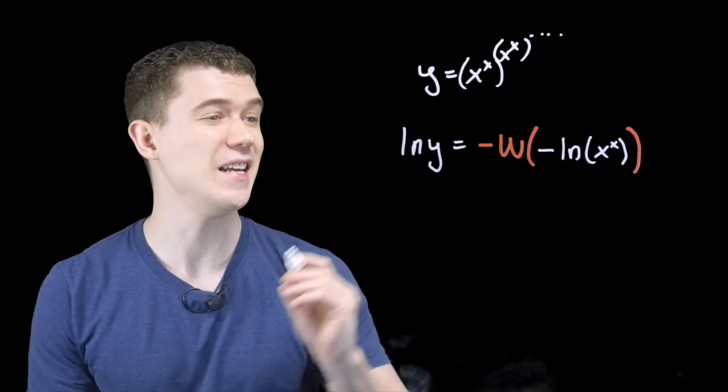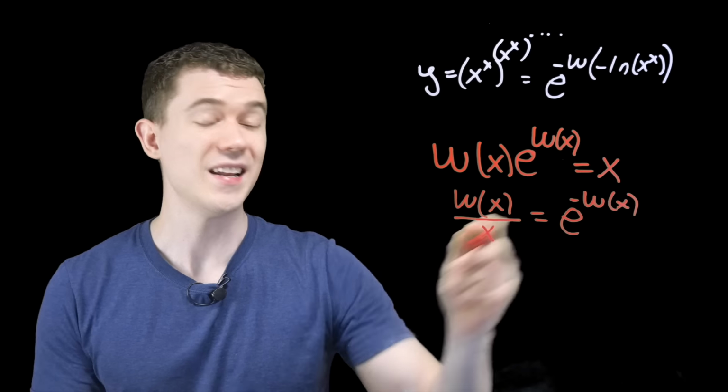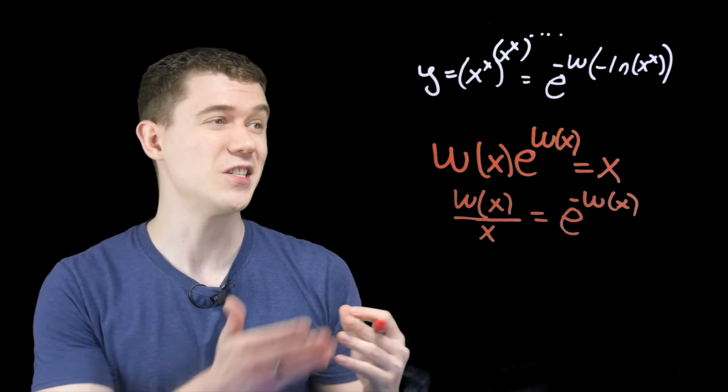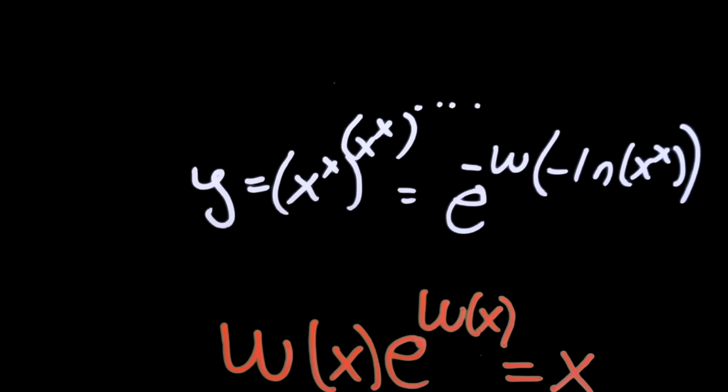Now, thanks to those inverse properties of the Lambert function, we can rearrange this so we have e to the minus W of something in the exponent. Let's do just that. Let's divide both sides by x and divide both sides by e to the W of x. W of x over x equals e to the minus W of x. And now we have yet another representation for what we have as y.